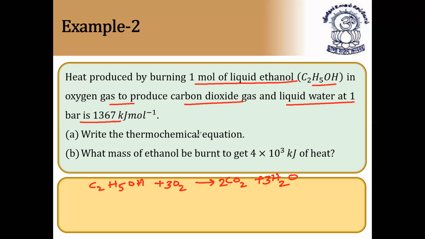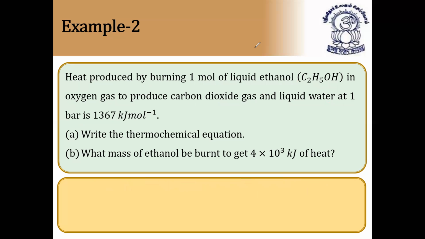And what they are asking is to write the thermochemical equation. Heat produced by burning 1 mole of liquid ethanol in oxygen gas to produce carbon dioxide gas and liquid water at 1 bar is 1367 kilojoules per mole. So heat produced, delta H, is the heat of reaction, the standard enthalpy of the reaction. Please note down this equation.